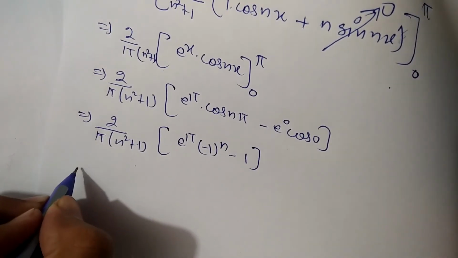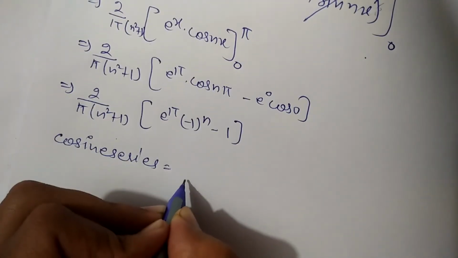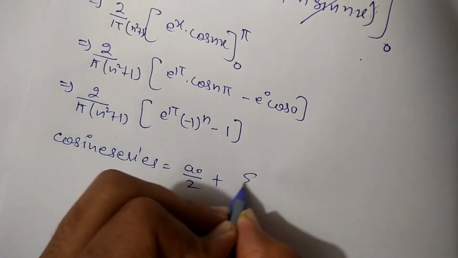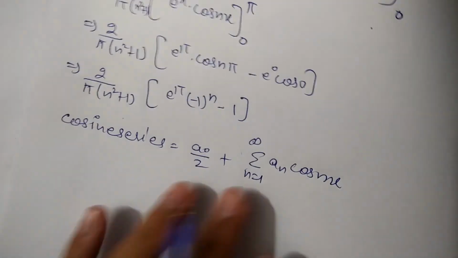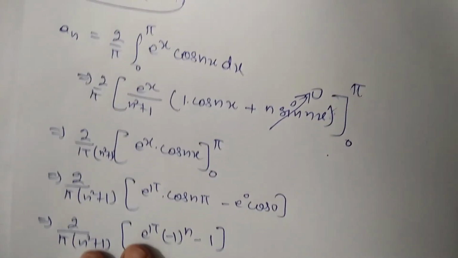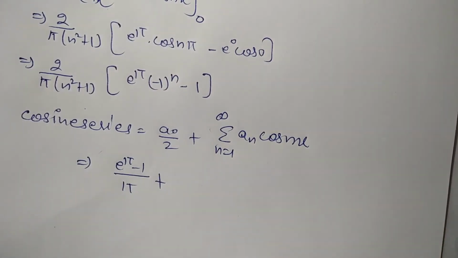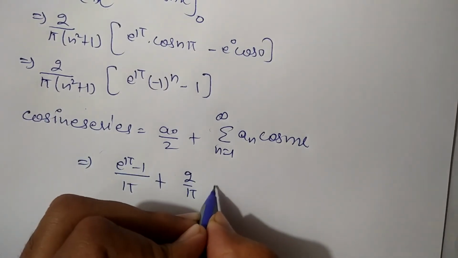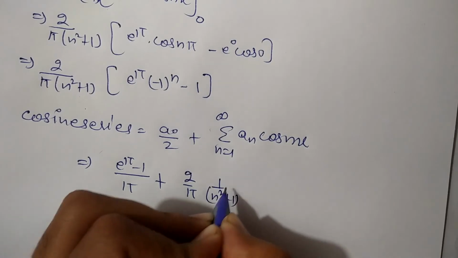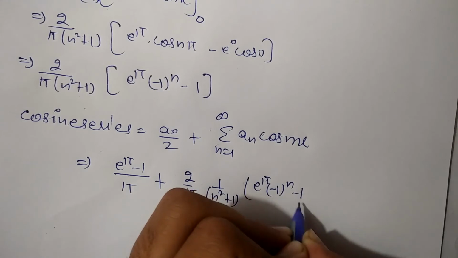So now we can get the cosine series. The cosine series can be written by the formula a naught by 2 plus summation n from 1 to infinity an cos nx. So we can write the value of a naught by 2, which we found is (e^pi minus 1) by pi, plus the value of an, where I can take 2 by pi outside, and inside 1 by (n square plus 1) into (e^pi (minus 1)^n minus 1) and cos nx.